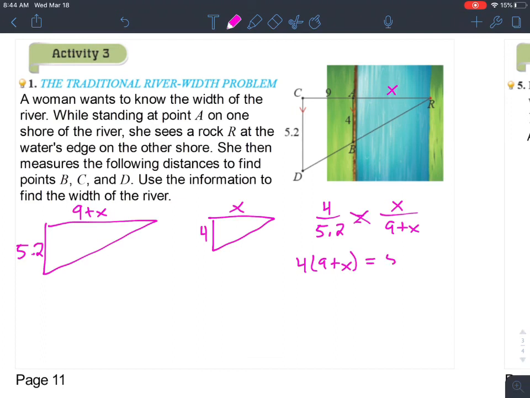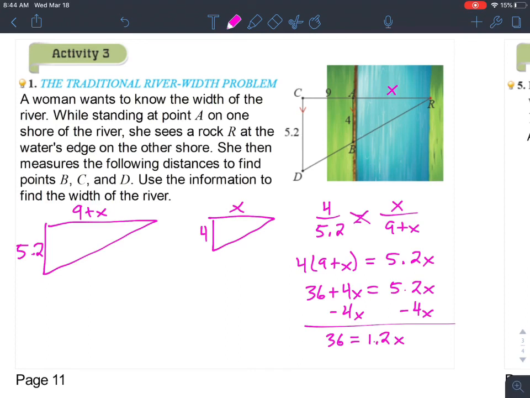We need to cross multiply. And then when we distribute, we're going to get 36 plus 4x equals 5.2x. Subtract our 4x from both sides. And then we know that 36 will be equal to 1.2x.